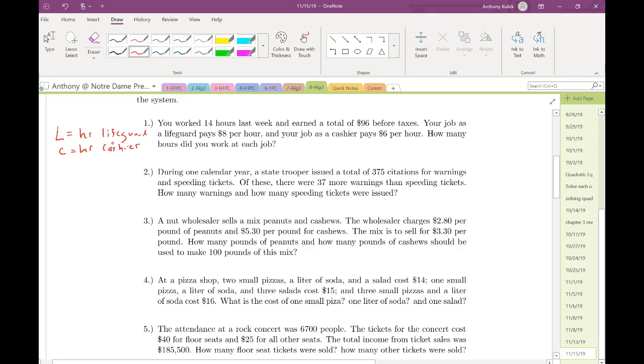Everybody okay with that abbreviation? And certainly from the last sentence, you knew that those were the two things that we were looking for, right? Okay? So what's one equation that we can write based on the story problem?